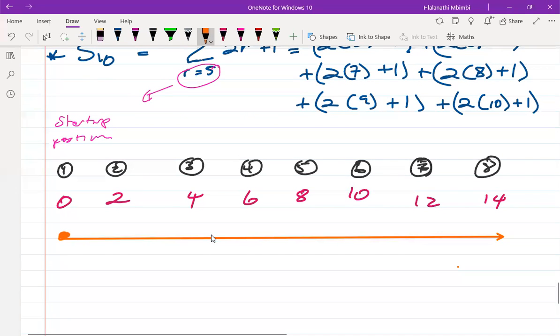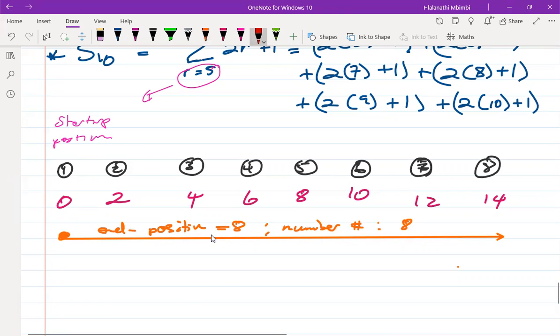So your end position is 8. Let me just write it, end position. Your end position is equal to 8. And the number of terms that you are adding is also 8.